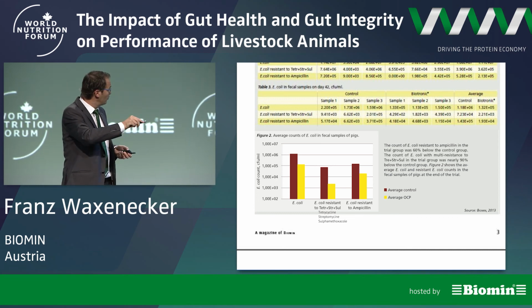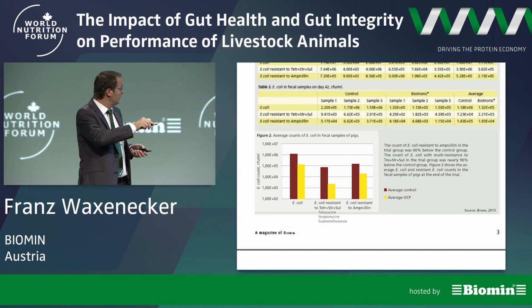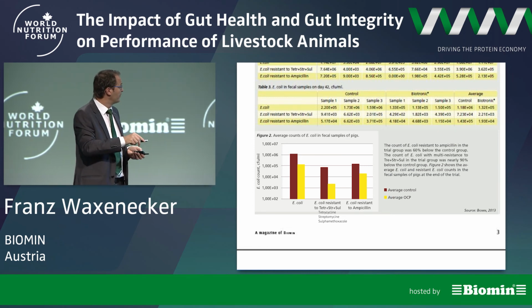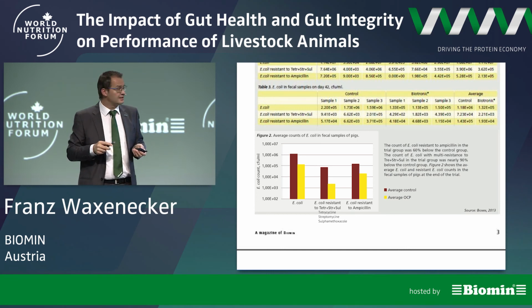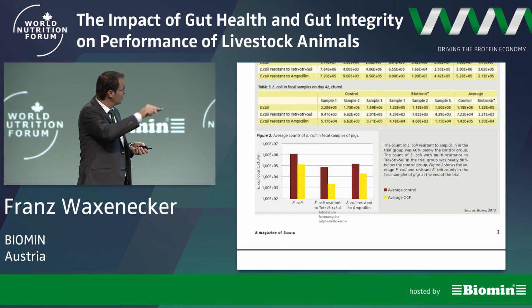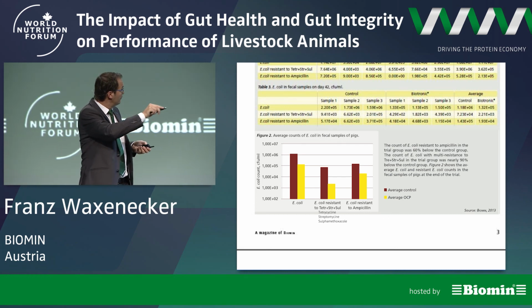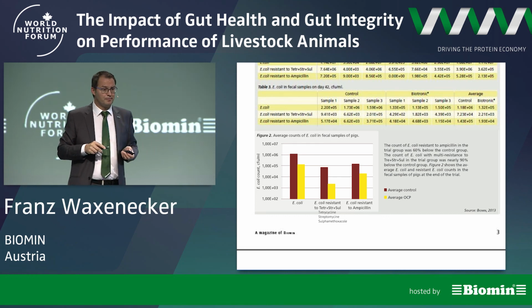So here you see the overall population, 1 to the power of 6, of the E. coli population, without and with the use of organic acids. And you see a significant reduction here from the non-use into a use.